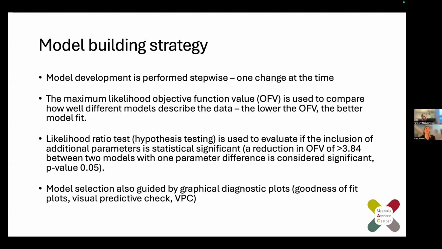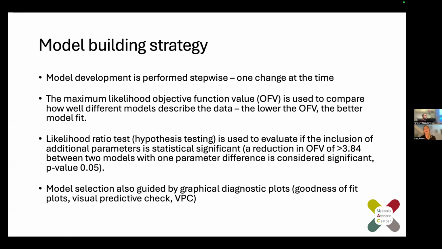So in each step, you do a kind of likelihood ratio test, a hypothesis test, where you evaluate if there is a significant difference in model fit between the model without the new parameter and the model with the parameter. And if there is an OFV drop of more than 3.84, then it's a significant improvement in model fit.